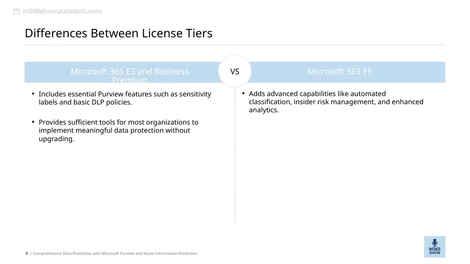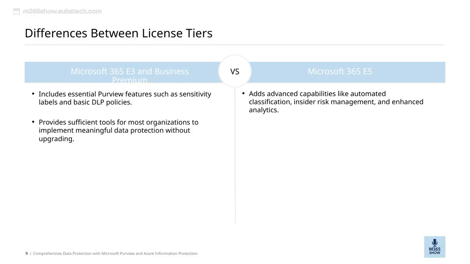When we compare Microsoft 365 E5 with Microsoft 365 E3 and Business Premium, we see that E5 offers comprehensive data protection features through Microsoft Purview and Azure Information Protection. This includes advanced capabilities like automated classification, insider risk management, and enhanced analytics, which help organizations proactively manage and secure their data.